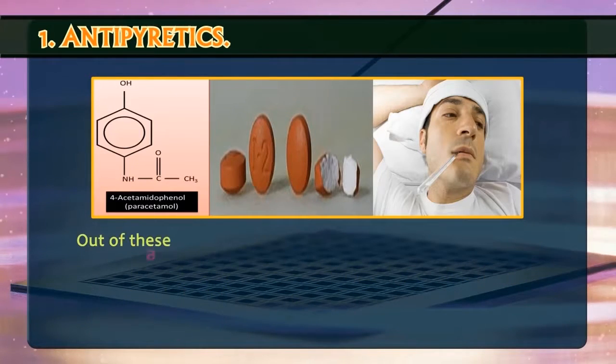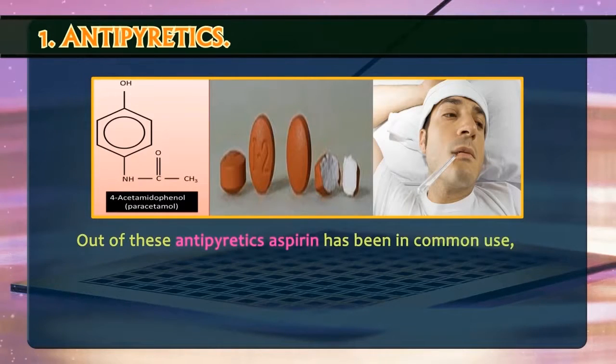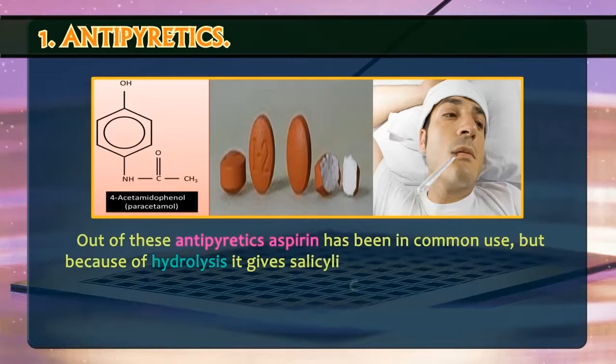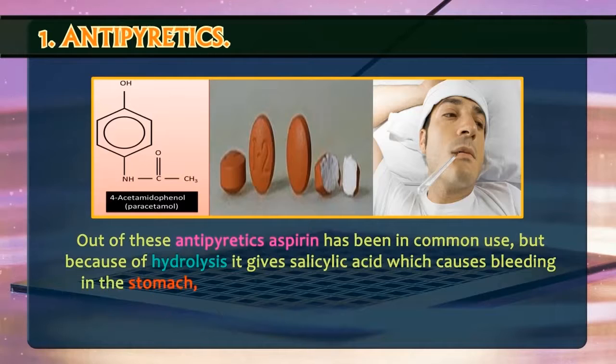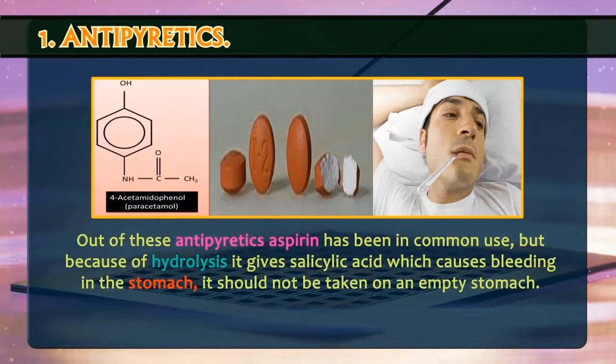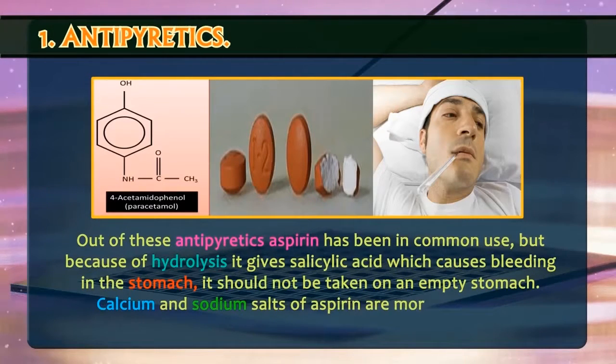Out of these antipyretics, aspirin has been in common use. But because of hydrolysis, it gives salicylic acid, which causes bleeding in the stomach. It should not be taken on an empty stomach. Calcium and sodium salts of aspirin are more soluble and less harmful.